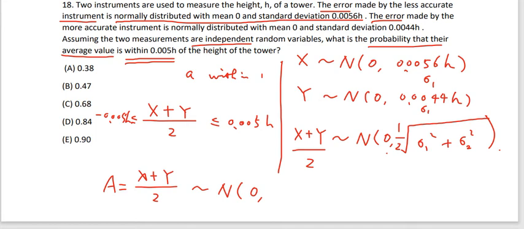With the calculation, this equals this number, so we can put h. So this number is 0.00056 squared plus 0.044 squared, then take the square root. Then you can find the probability, which is between this.